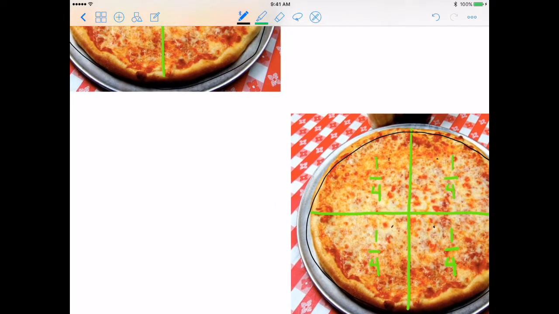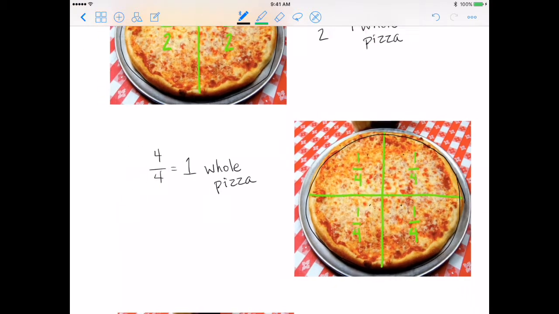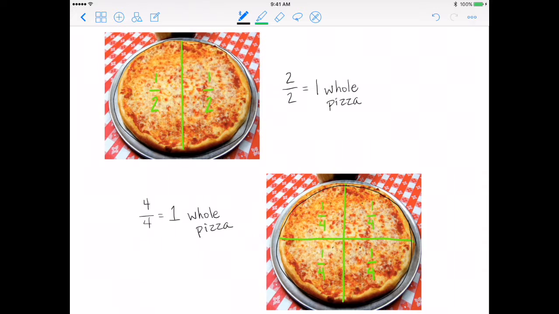So we can see that I need 4 of my 4 pieces, or 4/4, in order to have 1 whole pizza. But I can also compare my first 2 images by saying, how many 1/4 pieces do I need to make up 1/2 of my pizza at the top?